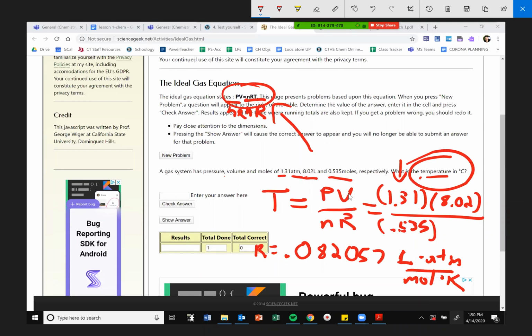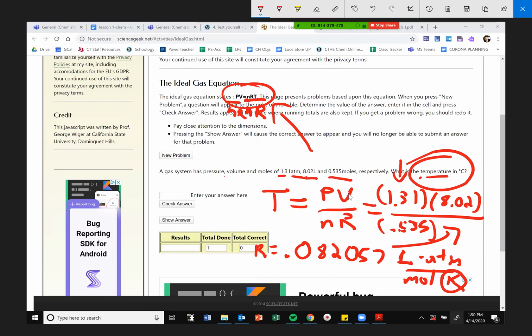And so I'm going to plug this number in here because it matches my units. I have liters, atmosphere, moles, and it will give me temperature in Kelvin.